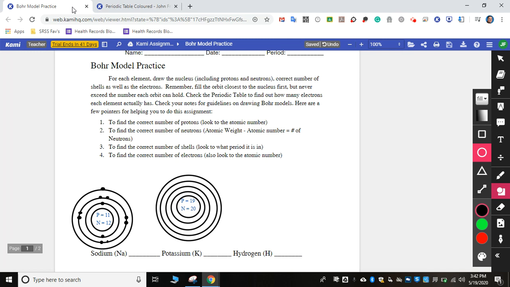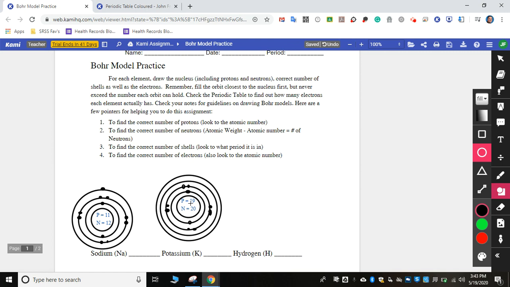Now finally, how many electrons am I going to need? Well, I'm going to need 19, because I look at my atomic number, the same as the number of protons. And so I put them down, 1, 2 on the first shell. Then 3, 4, 5, 6, 7, 8, 9, 10.